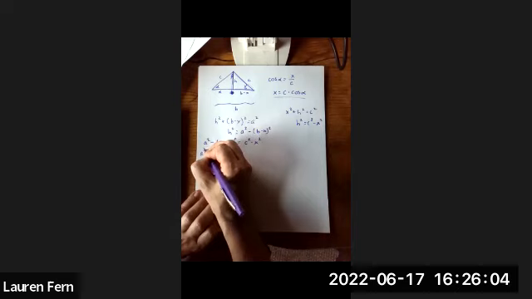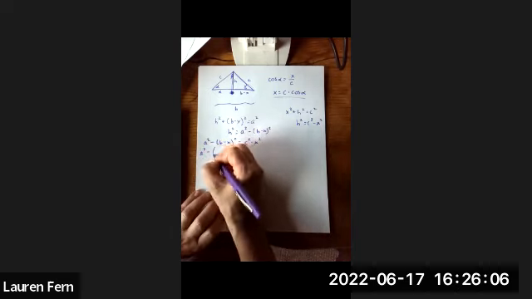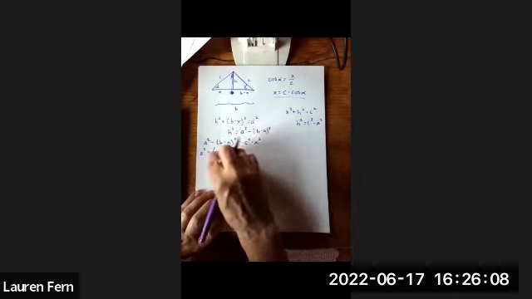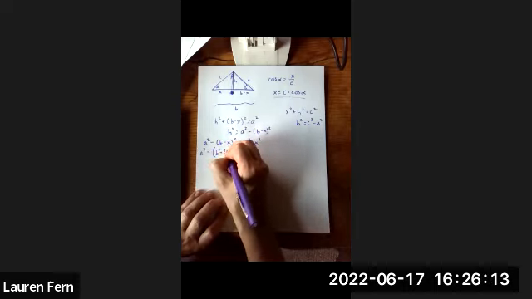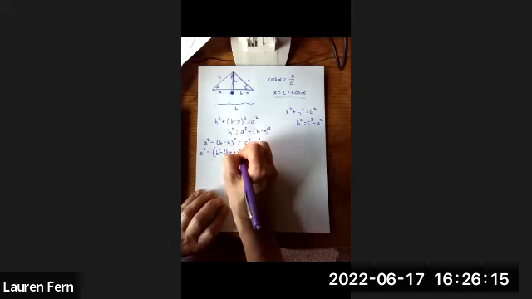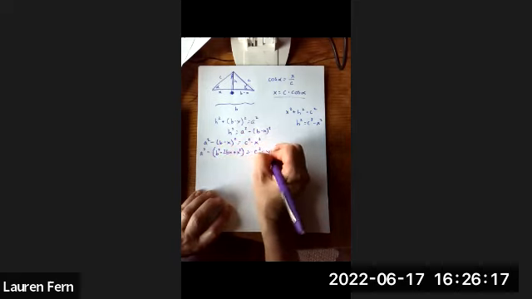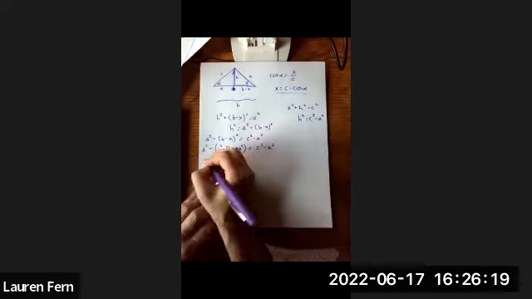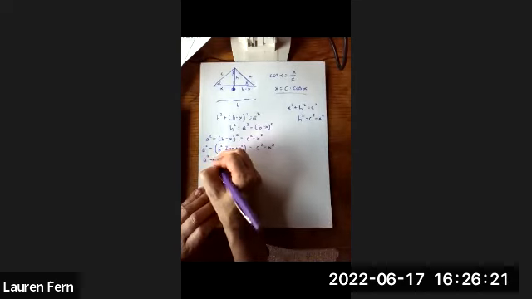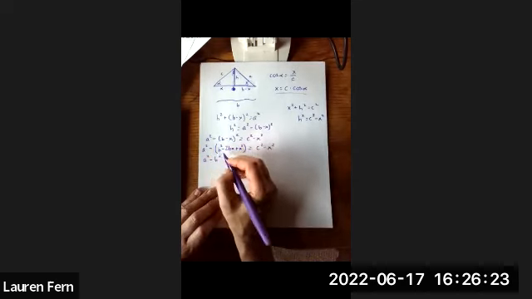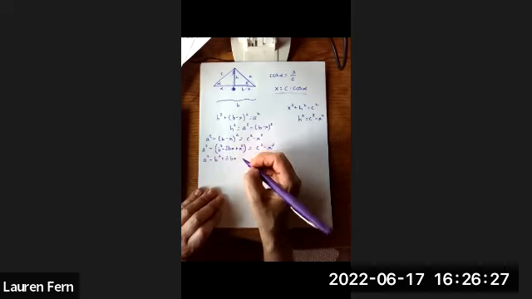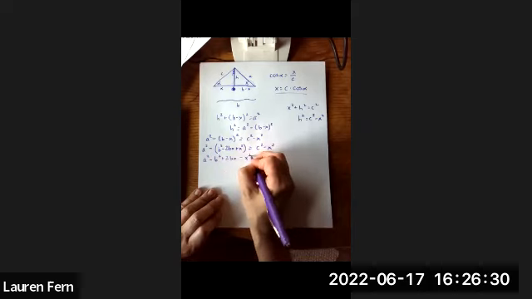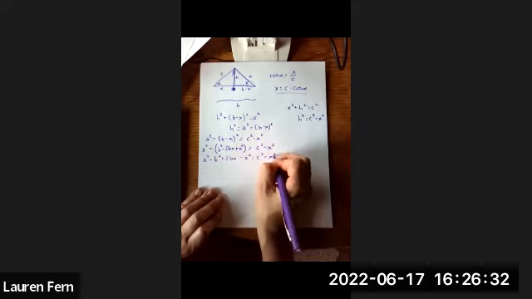So I have a squared minus, I'm going to FOIL this out and then I'll distribute my negative sign. I get b squared minus 2bx plus x squared. I'll distribute my negative sign. I get a squared minus b squared plus 2bx minus x squared is c squared minus x squared.